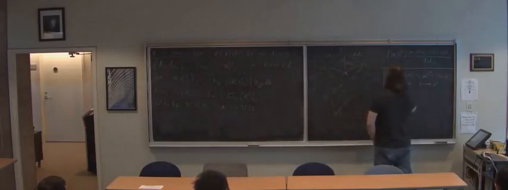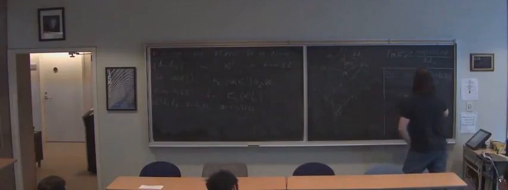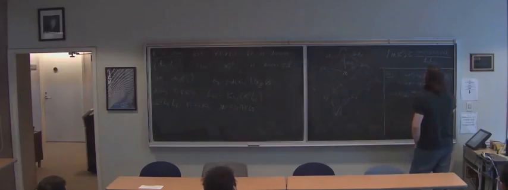And so, therefore, the Galois group of K over Q acts on the Galois group of KL2 over K by inversion.